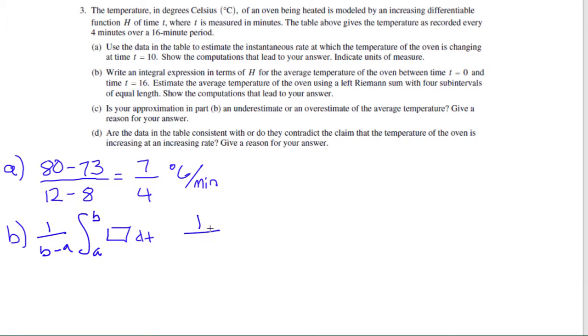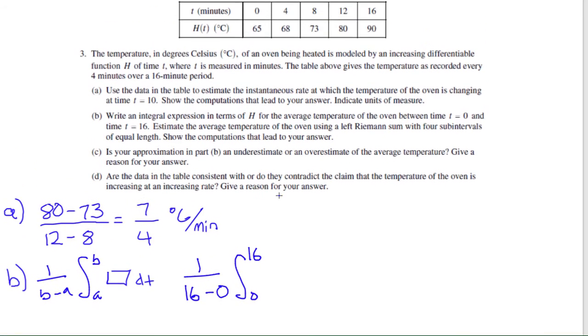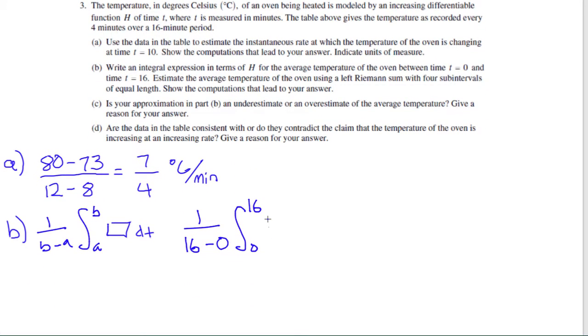So it's going to be 1 over 16 minus 0, integral from 0 to 16 of my temperature, and temperature is just h of t. h of t dt, and done. That's all we're looking for, just to write an integral.